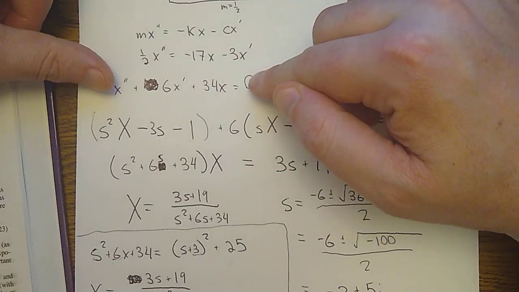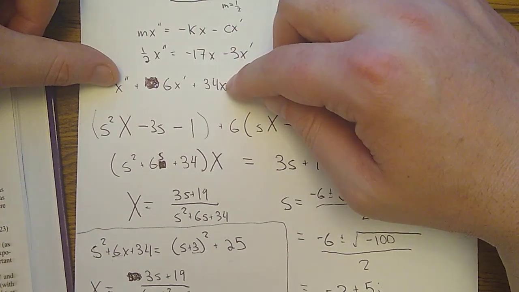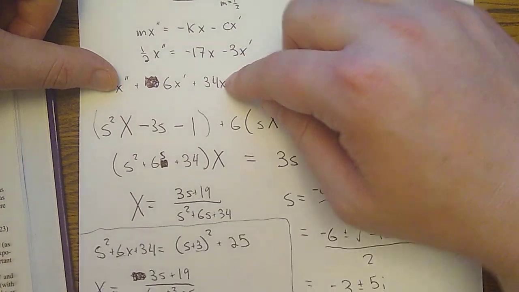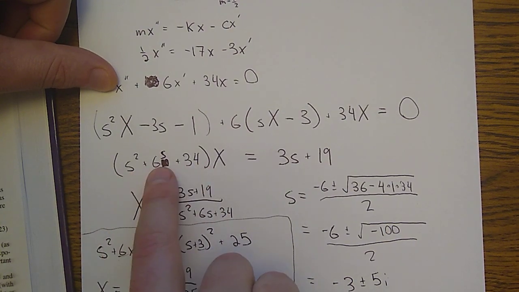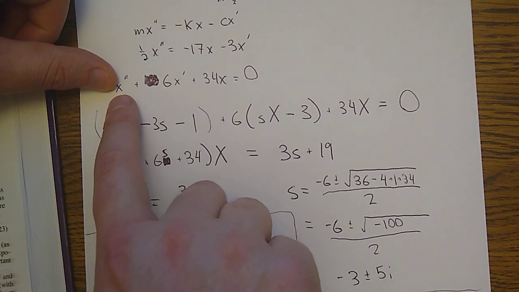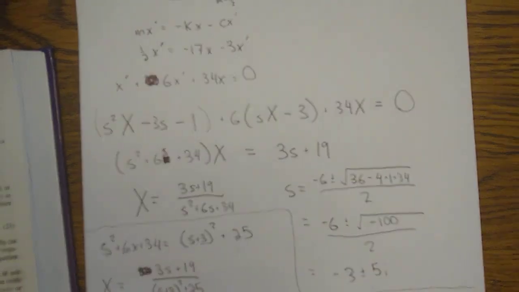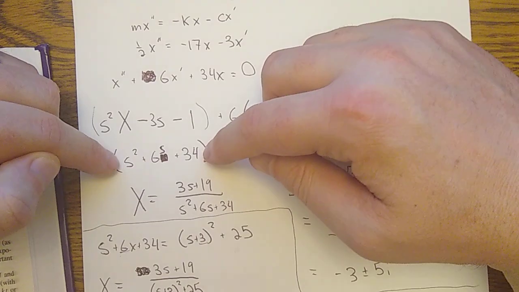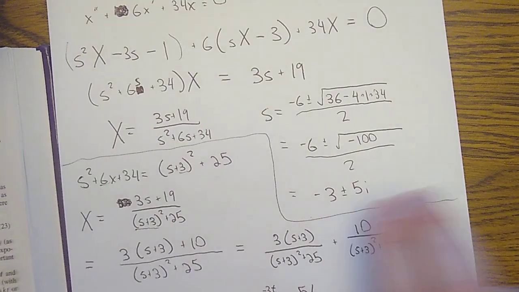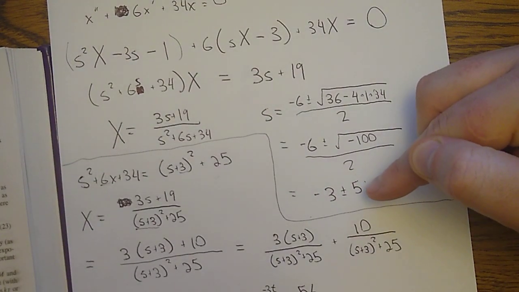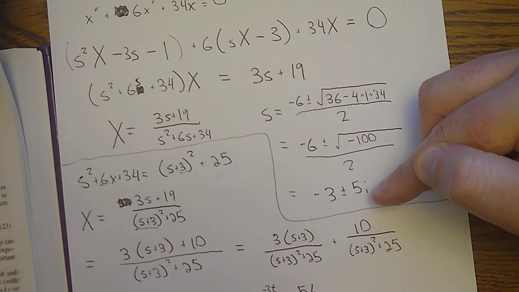Of course, as I've pointed out, the characteristic polynomial came out anyway, because this is actually the same polynomial, s squared plus 6s plus 34, just instead of r squared plus 6r plus 34. And we did factor this. The roots that we got were -3 plus or minus 5i.